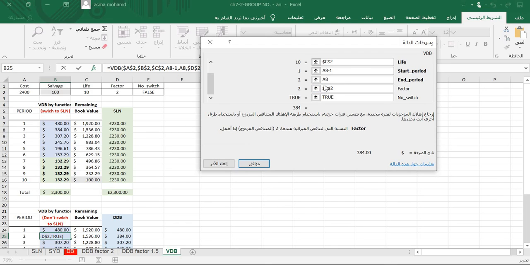As I told you, if I say yes to no switch, it means it will still remain no switch, so do not switch to the straight line method. However, if I say no, I tell Excel do not no switch, that means Excel needs to switch to the straight line method.